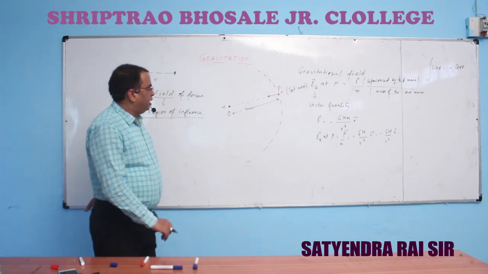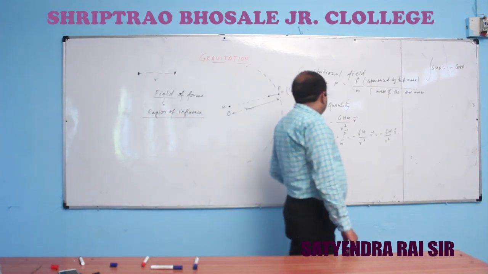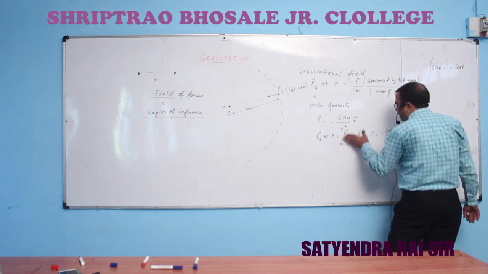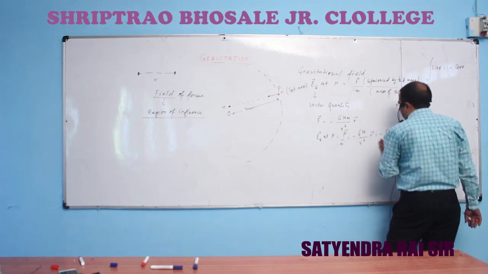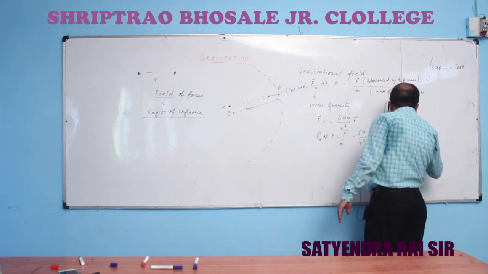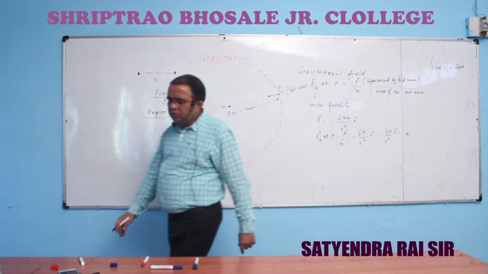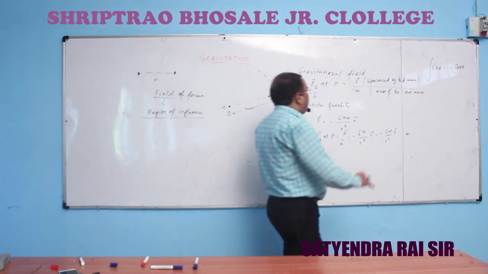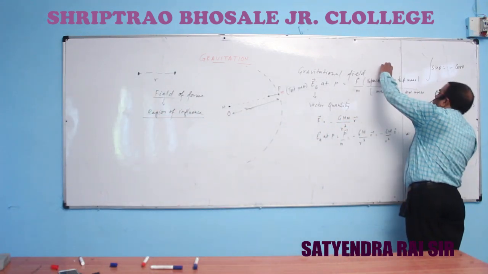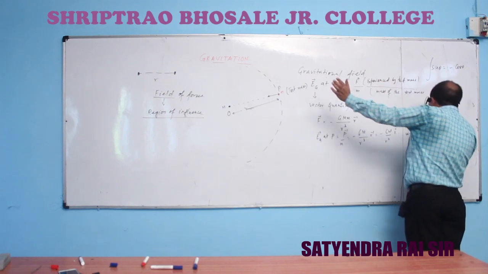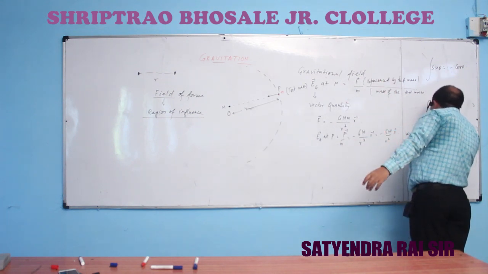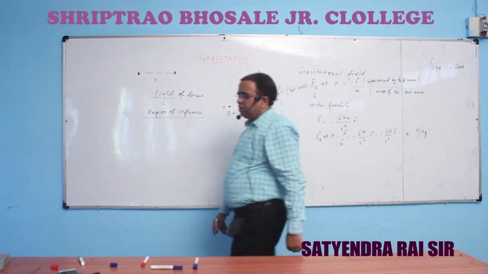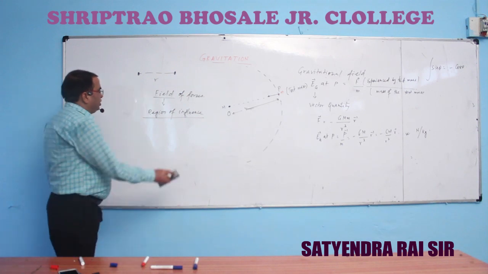So this is how we write the gravitational field, and since it is force divided by mass, its unit should be Newton per kg.